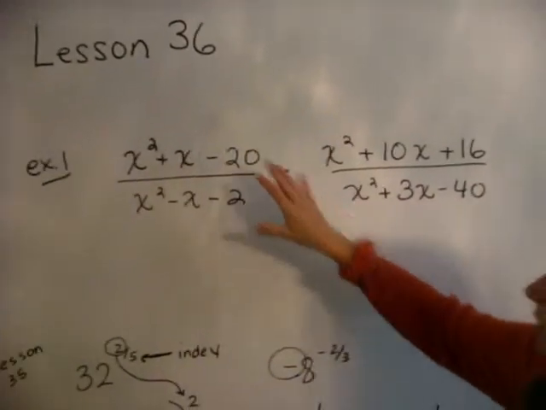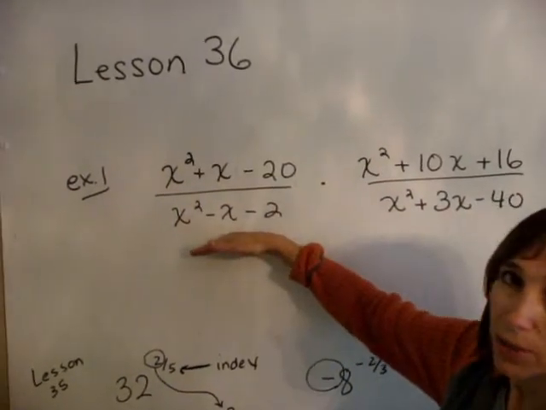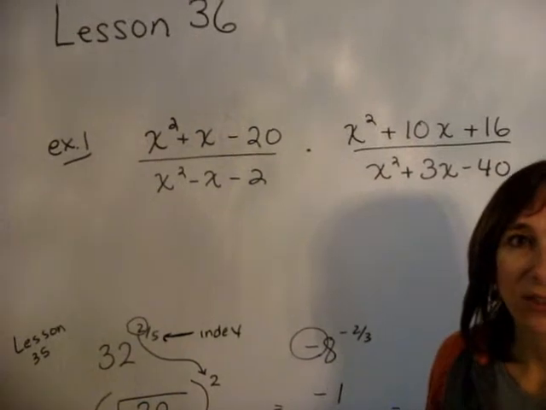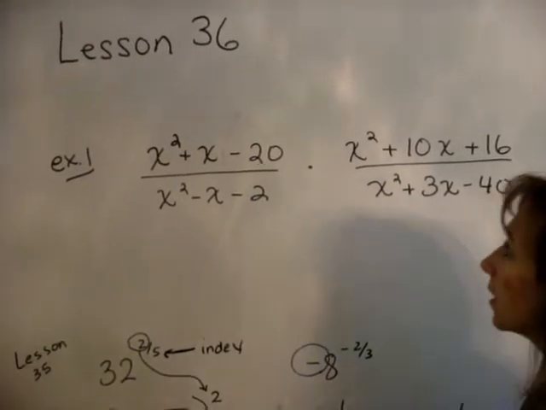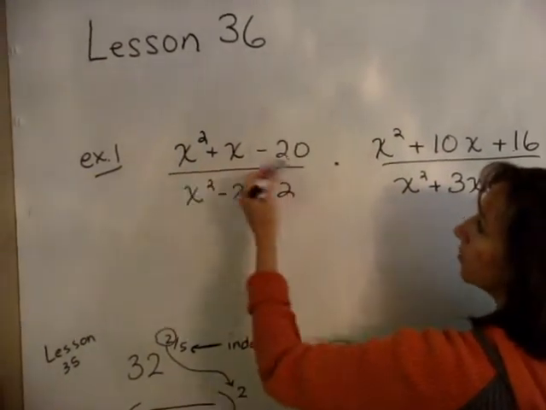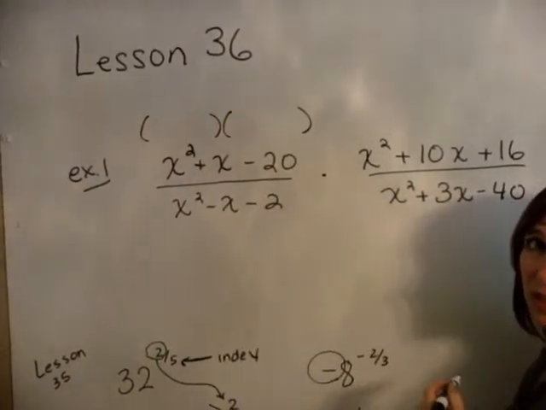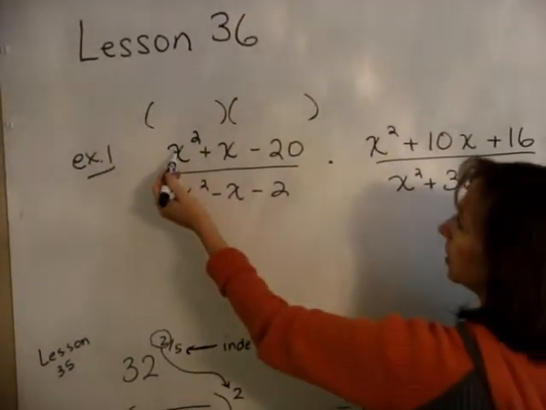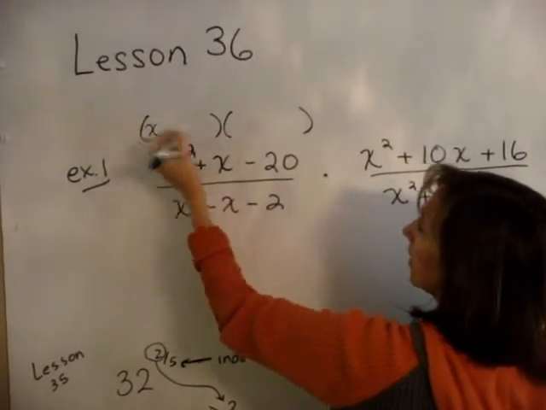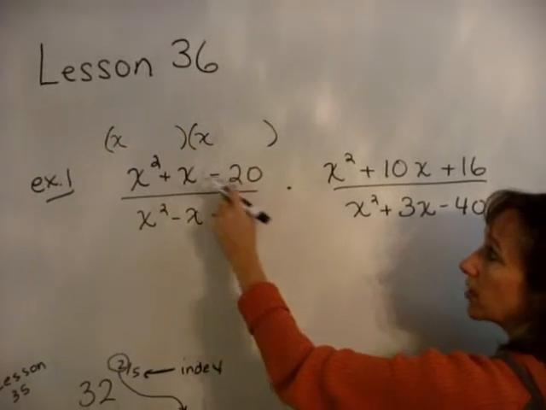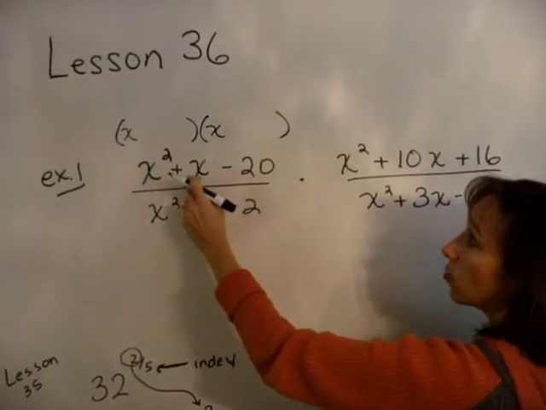So what I like to do is factor them right on top and right on the bottom. If you think that's too messy, you can recopy it and have it all factored in the next step. So I'm going to factor this trinomial. Remember, trinomials are factored into 2 binomials if they're factorable. We say what times what gives us x squared, and that's x and x. What times what gives us -20, and when we subtract them, we get 1.